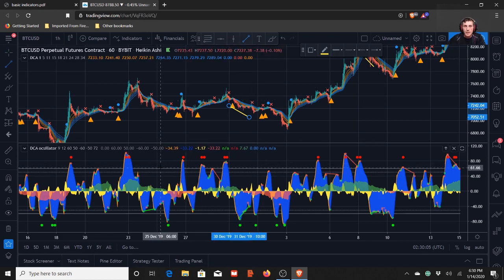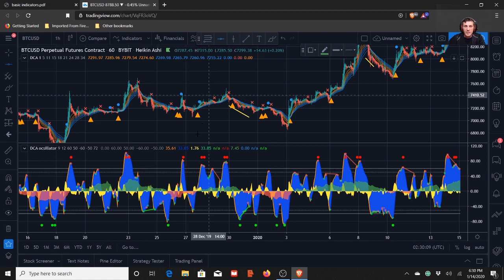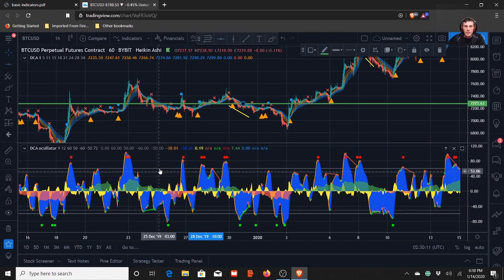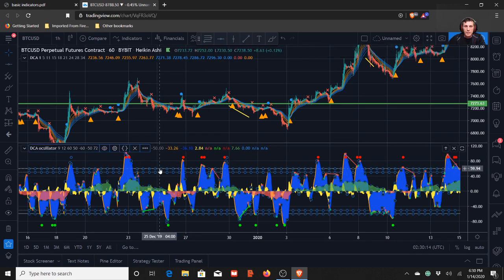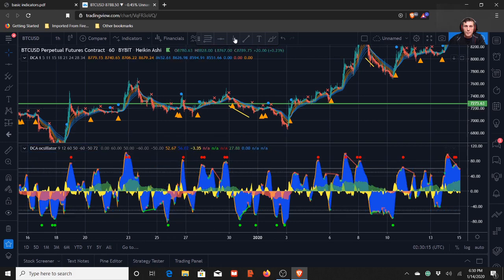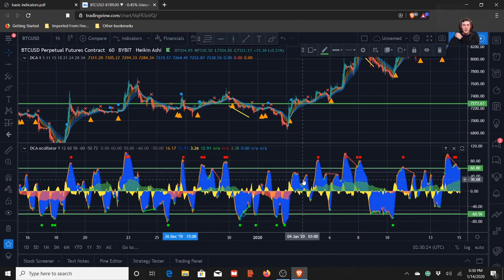That's how you get your overbought and your oversold levels right here. Okay. And that's what's printing the dots.